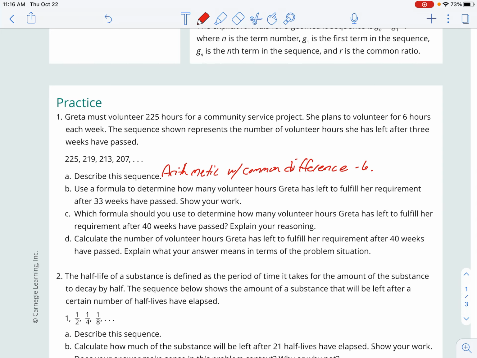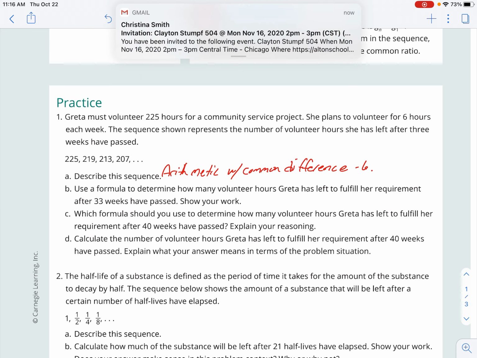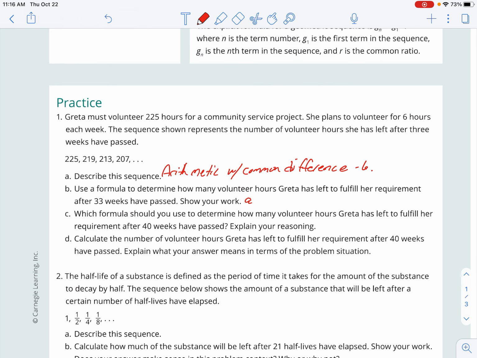So using that explicit formula, after 33 weeks, we want to see where we are located. So to set that explicit formula up, okay. So to calculate that, what we're looking at here is the 34th term, A sub 34.